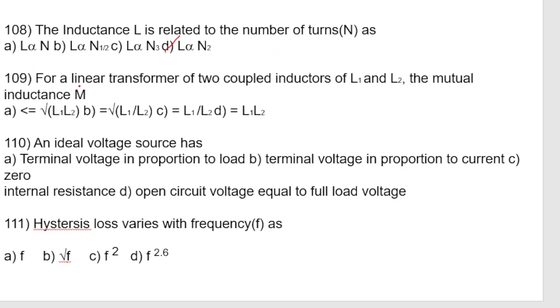For a linear transformer of two coupled inductors L1 and L2, the mutual inductance M is less than or equal to root L1 L2.